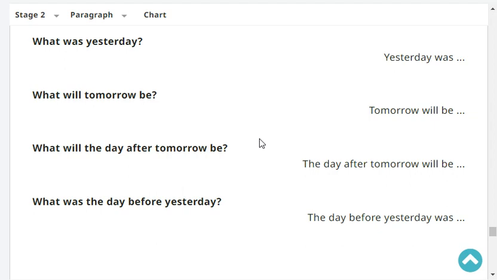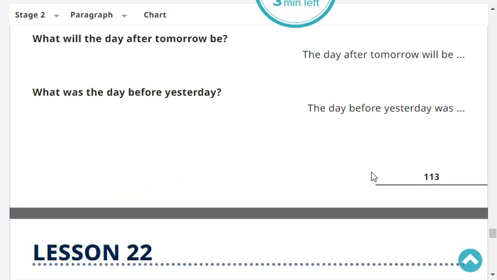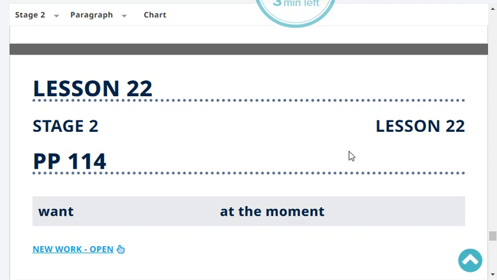The day after tomorrow will be Saturday. Very good. What was the day before yesterday? The day before yesterday was Tuesday. Perfect. Very good.